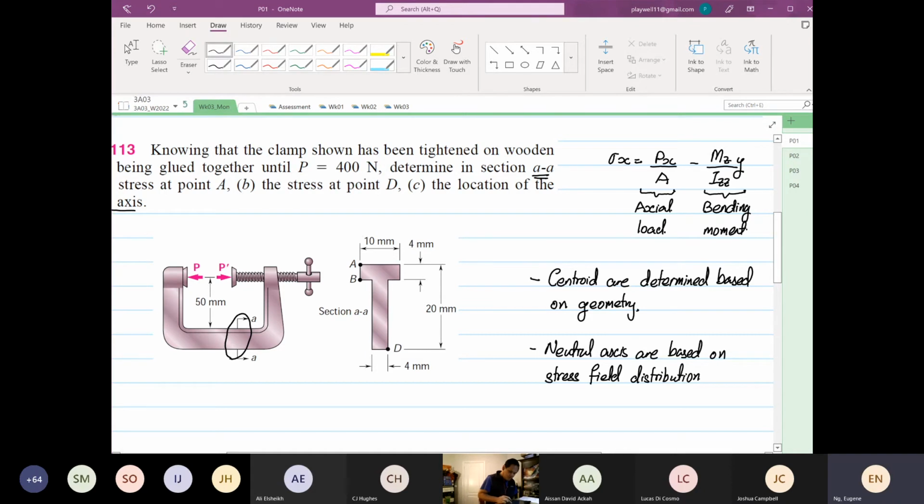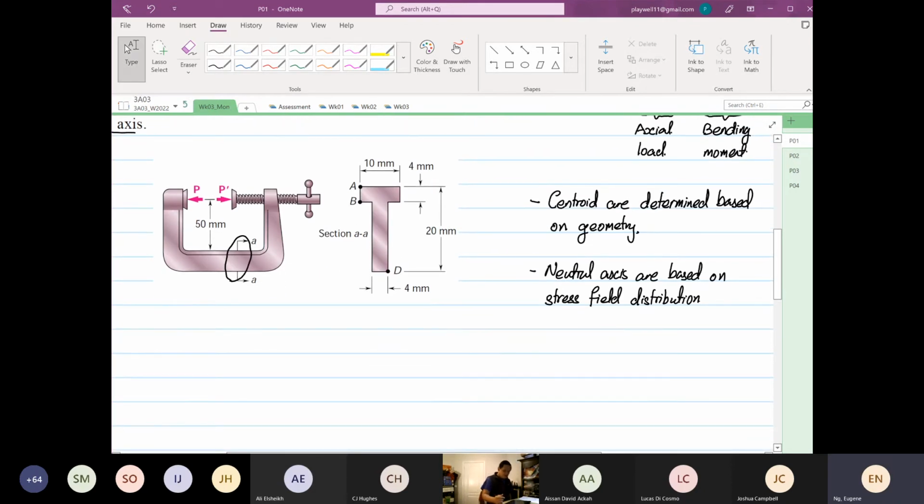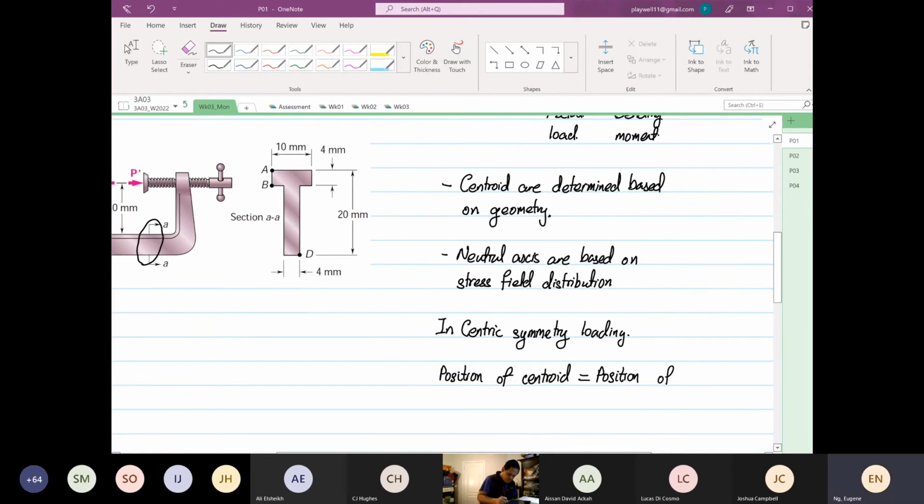Very quickly, when the loading is centric, symmetric loading, the position of the centroid is also the same position as the neutral axis.